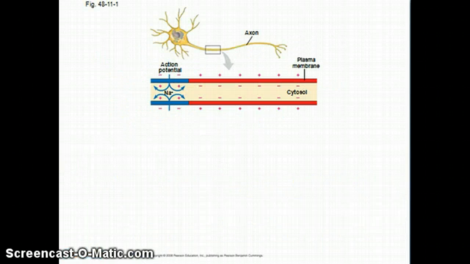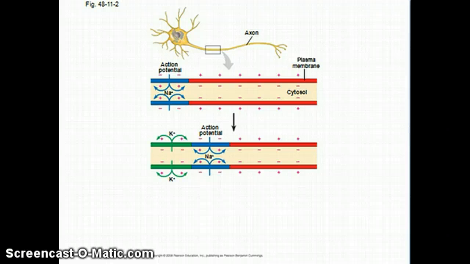This is a diagram that shows that wave motion. So you can see here we have the action potential at this end of the neuron. Let's say they're showing it right here at the top of the axon, near the axon hillock. Then we have an influx of sodium coming in, changing the polarity here, so it opens up these sodium channels.